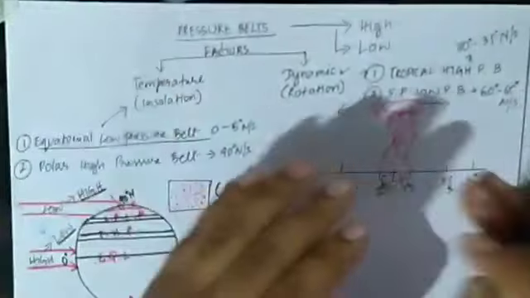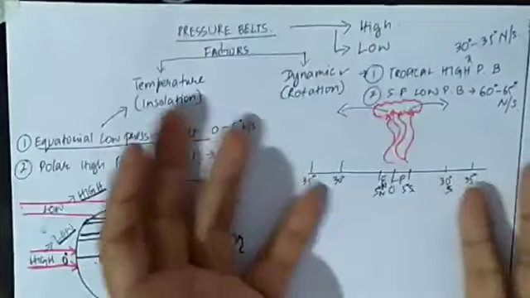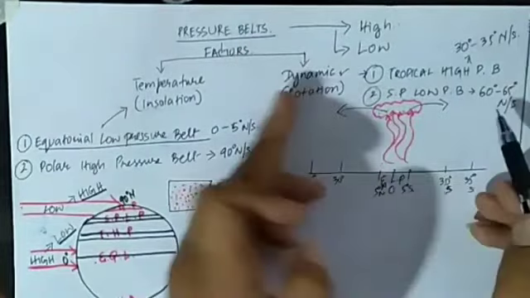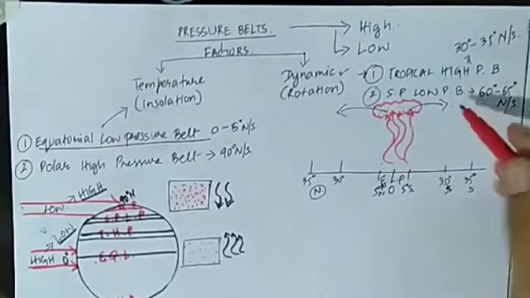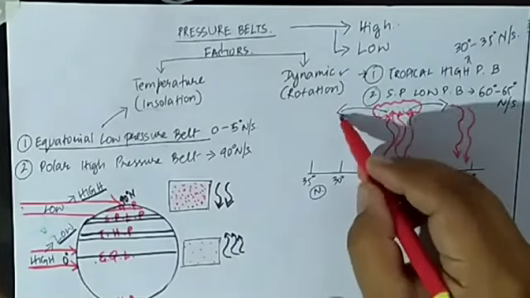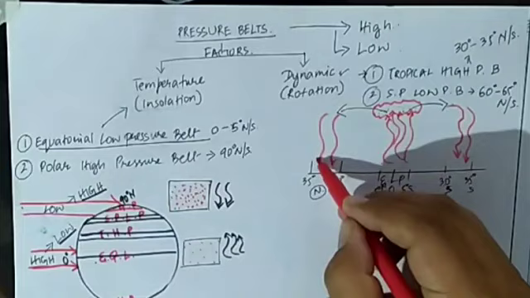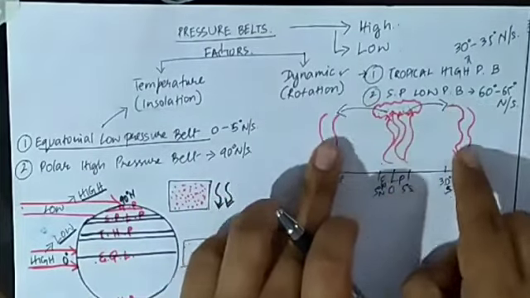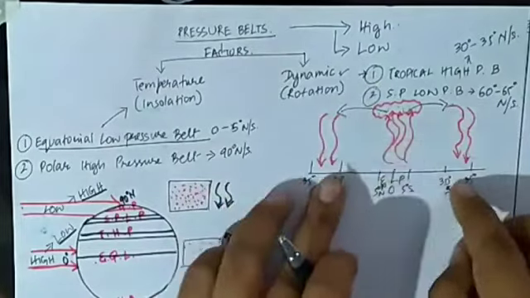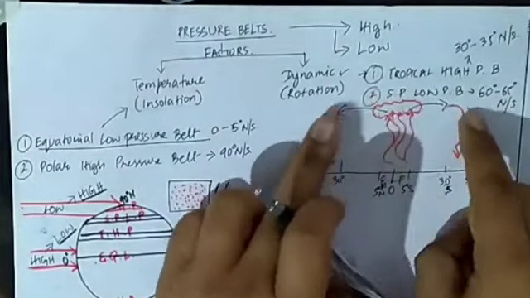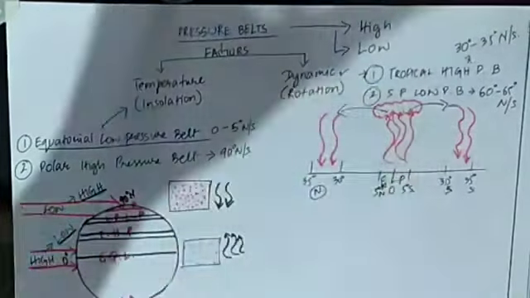It will displace to the surrounding areas or to the surrounding latitude, and when it reaches the latitude of 30 to 35 degree north and south latitude, those air masses will start descending in this particular area, in the latitude of 30 to 35 degree north and south latitude. Okay, so it will descend. Whenever there is a descending air, there is always a formation of high pressure system, isn't it?